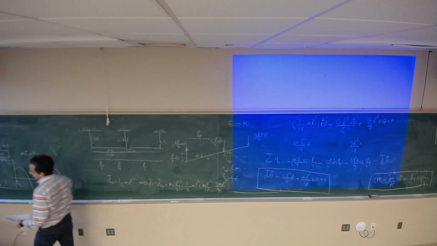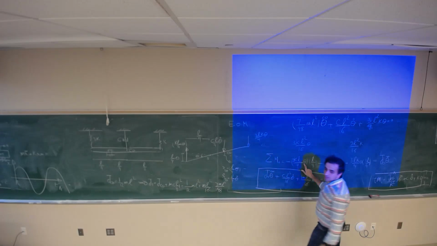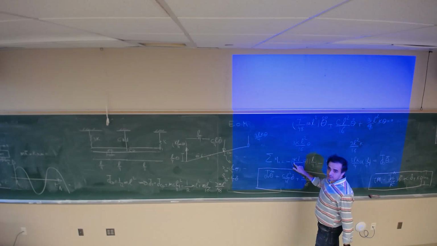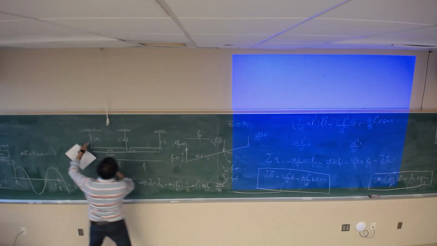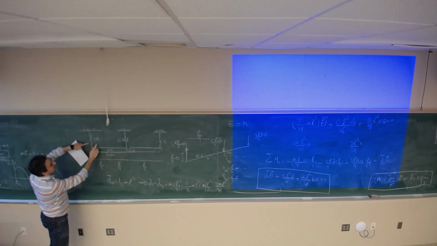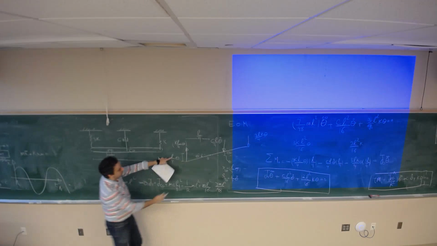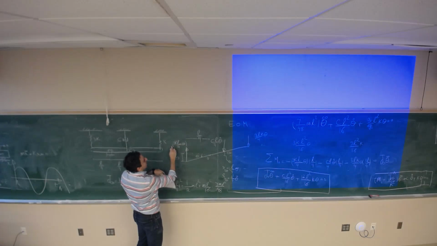They don't have the same stiffness. It's a 3K. Why does that one have 3 on the other side? The force acting to this side is the stiffness times deflection. Deflection is L over 4.